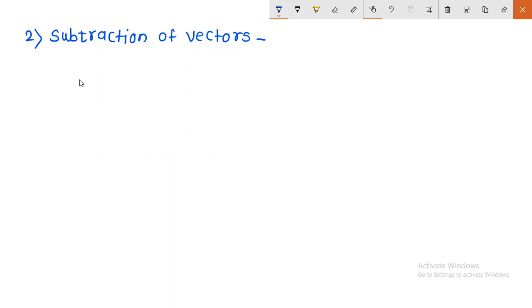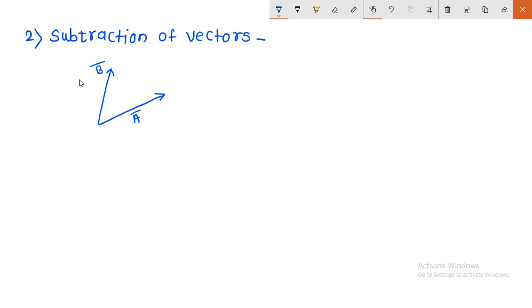Here also you can consider any two vectors. First, I'll consider vector a bar. Suppose this is vector a bar and one another vector is also there, that is vector b bar.